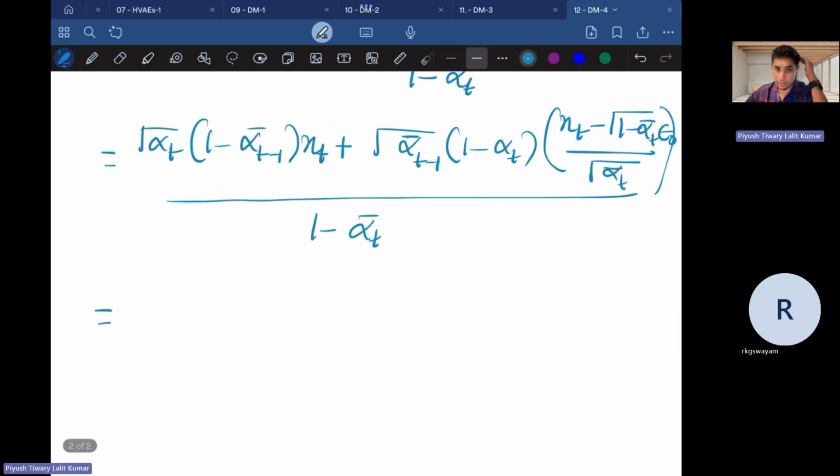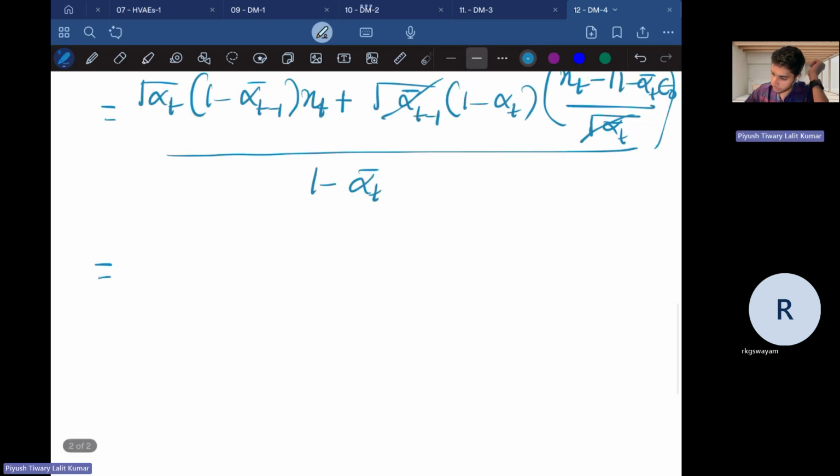What can be simplified? Okay, first of all, let's note that this thing will get cancelled straight away, right? Is there any other thing that can get cancelled? No. So this thing will be just as it is.